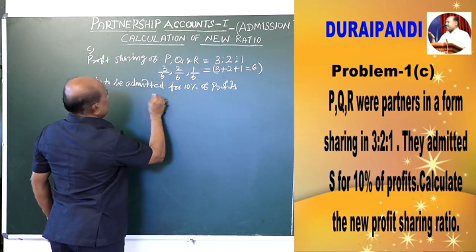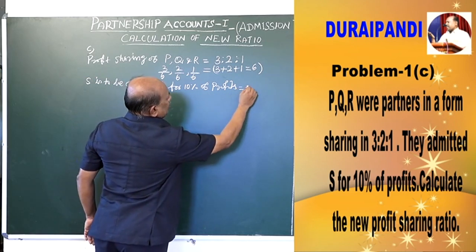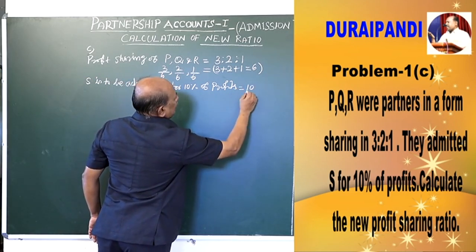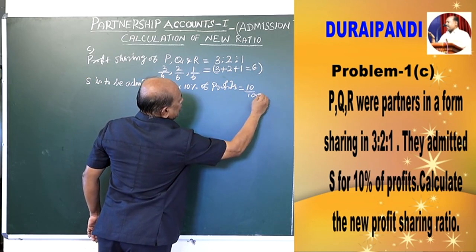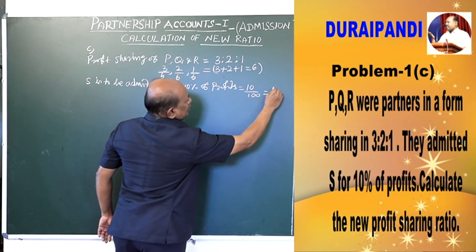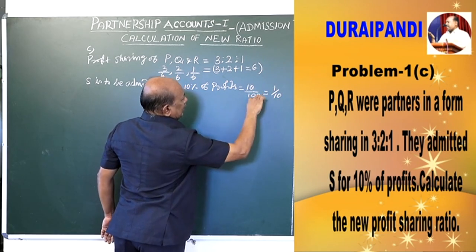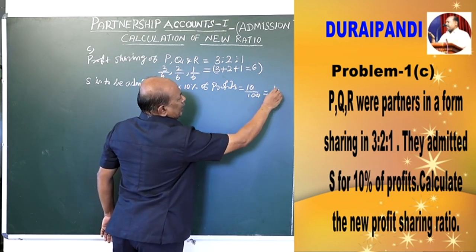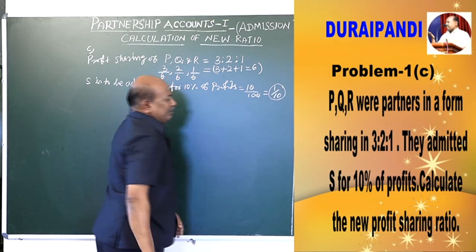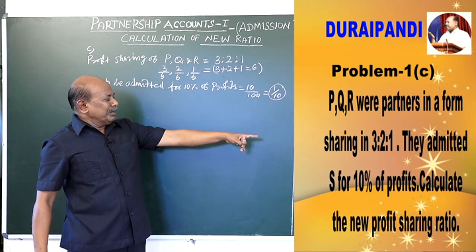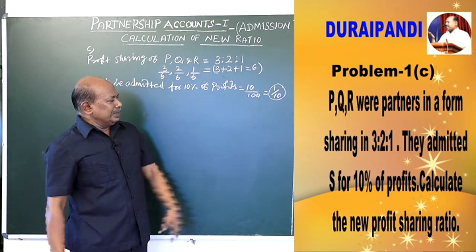That is equal to 10/100, that is equal to 1/10. Here 1/10 of the profit is to be given to S.